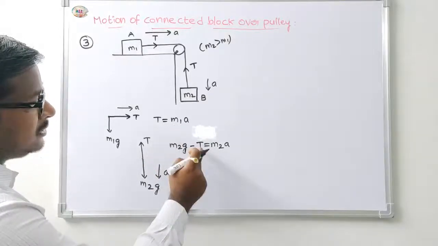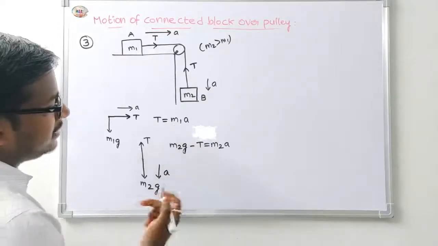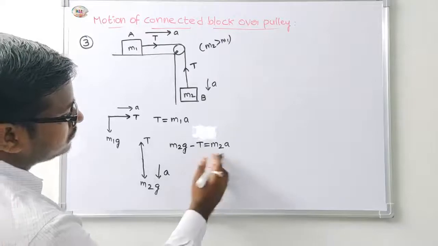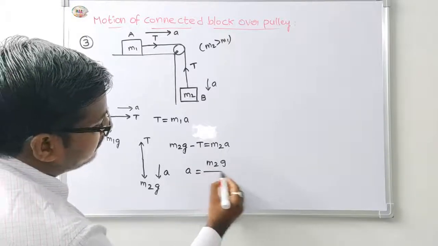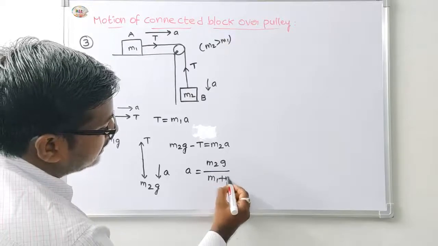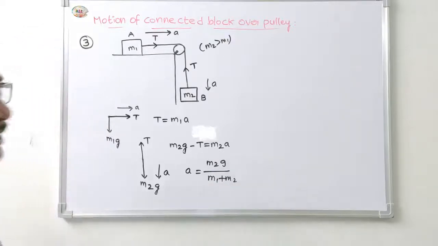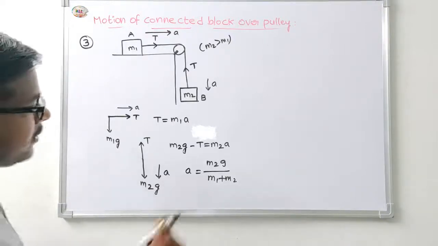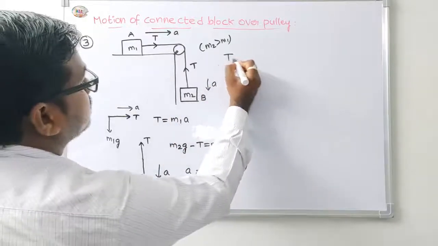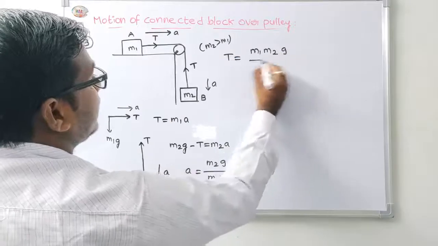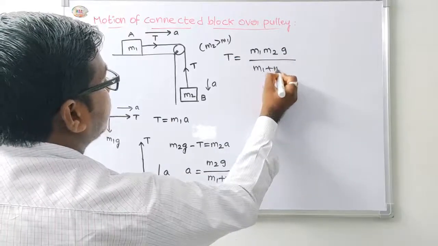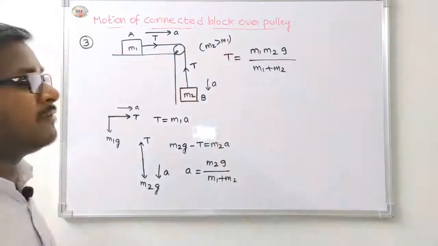Substitute the value of T here. Then A is equal to m2g by m1 plus m2. Then T is equal to m1 m2 into g by m1 plus m2. This is the tensional force.